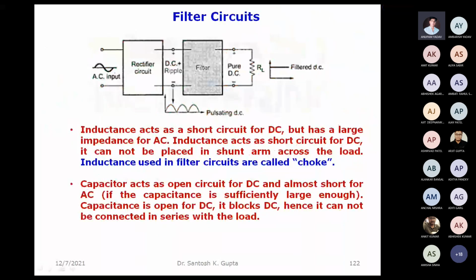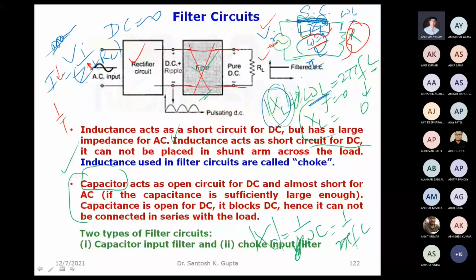The capacitor filter, if we only use capacitors to design the filter, these are called capacitor input filters, and if we use inductors, this is called choke input filter, because of this convention used.